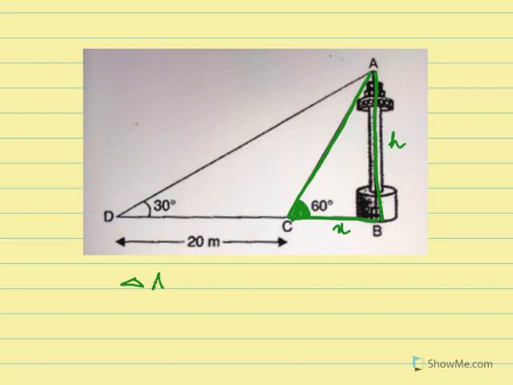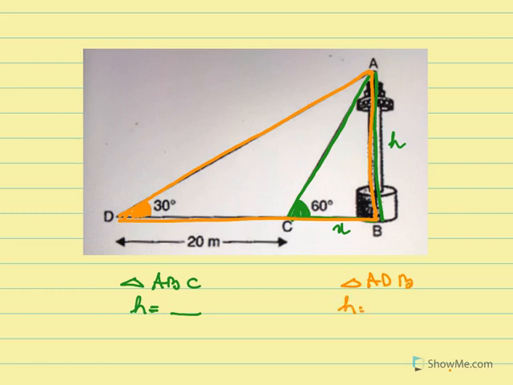So in triangle ABC, we found h equal to something. Then we took the other triangle with 30, and this was a triangle with 30. Again in this triangle ADB, we found h also with tan 30.